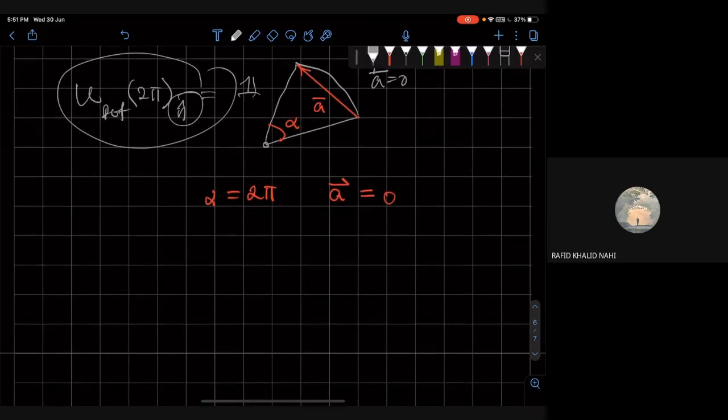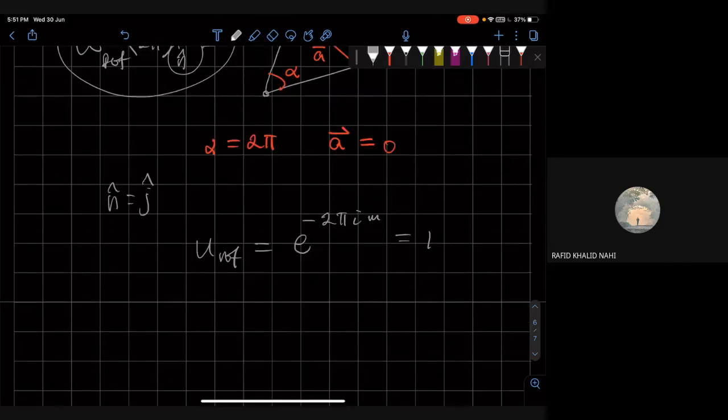Suppose I choose this n direction to be the z direction. Then we see that it's going to be e^(-2 pi i m). But we know this has to be equal to 1, the identity operator.